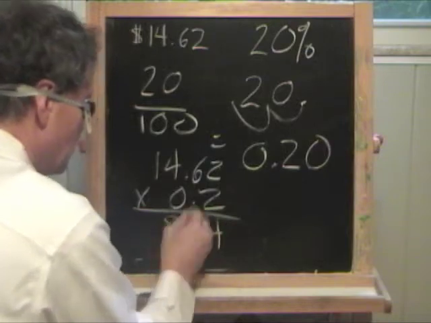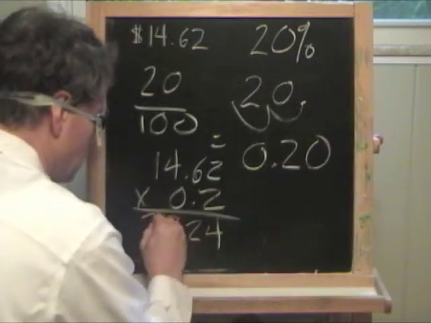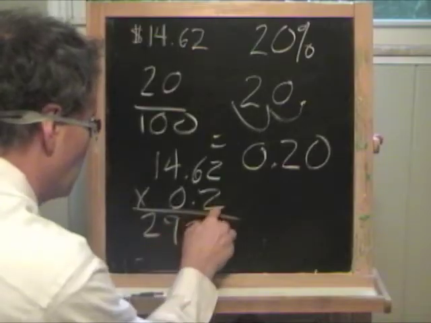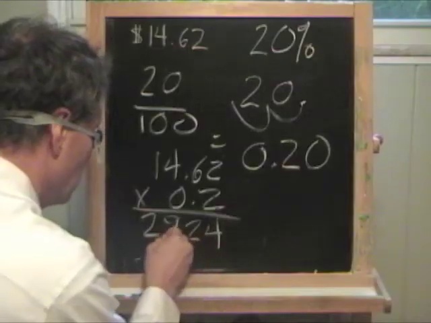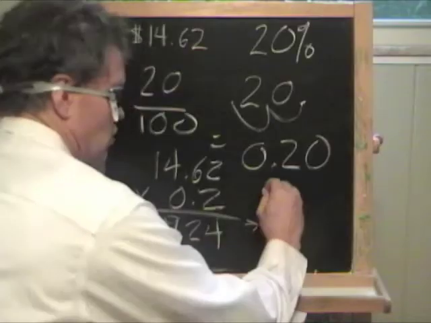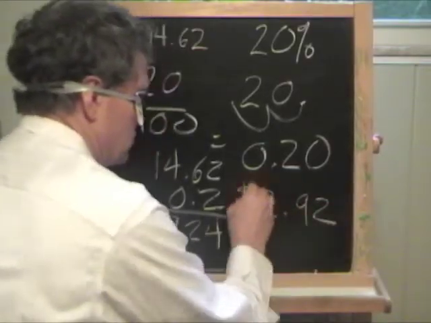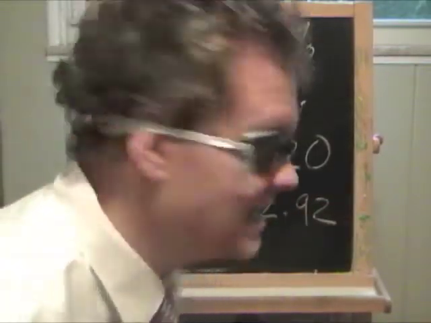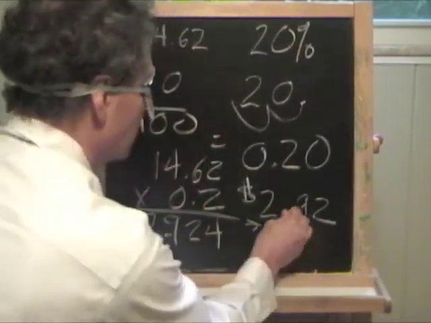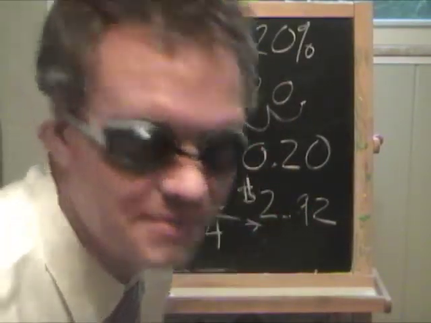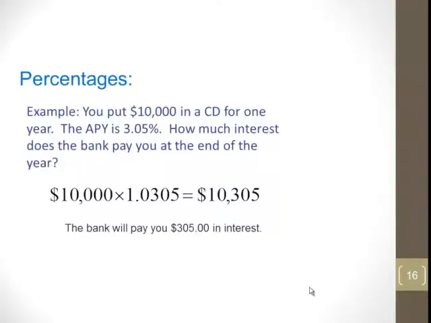Carry the 1. 1 times 2. Decimals 1, 2, 3. $2.92. It's easy. Remember, percent out of 100. Well, that's not bad. It's only $3. That'll do. All of these are going to be absolutely essential, so you can't just neglect them.